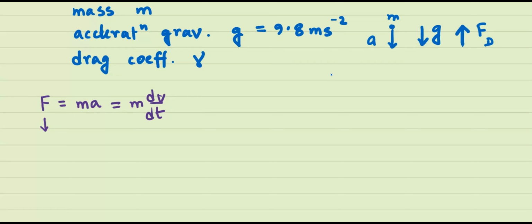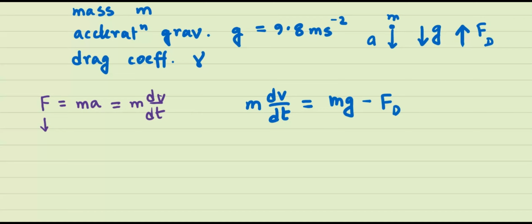So therefore, we can write m times dv/dt, which is the mass times acceleration, equals the weight, which is mg, and of course the drag force, but it is acting against mg, so therefore it will have a minus sign, and that will be F_d.